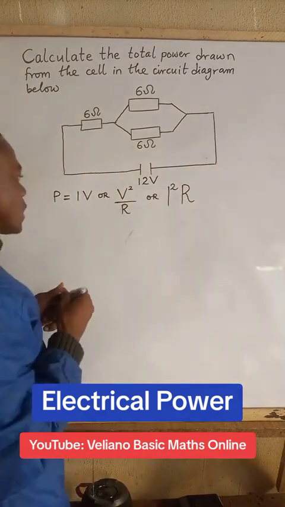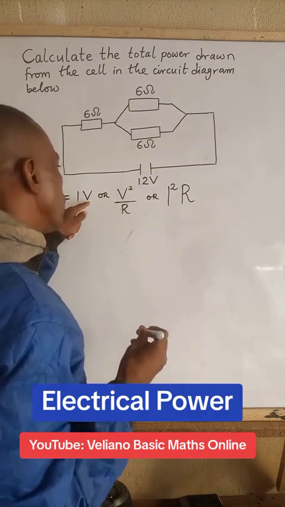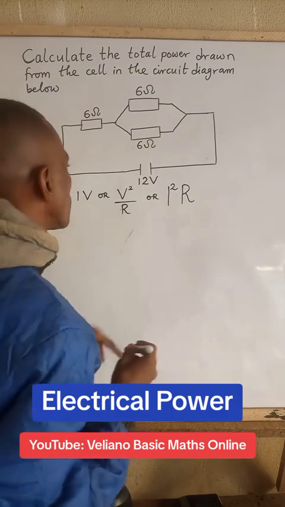Note that current is measured in ampere, V is measured in volt, and resistance is in ohms.